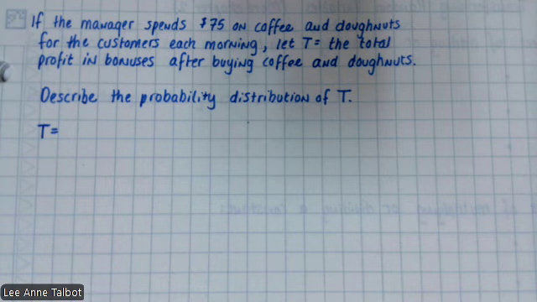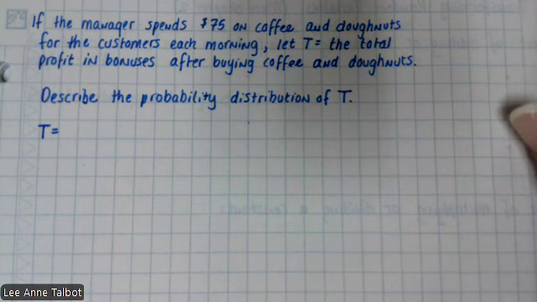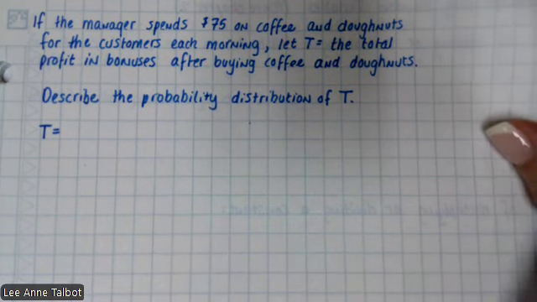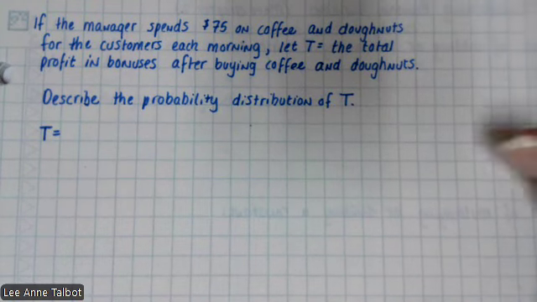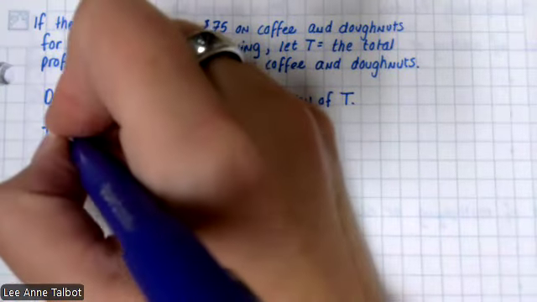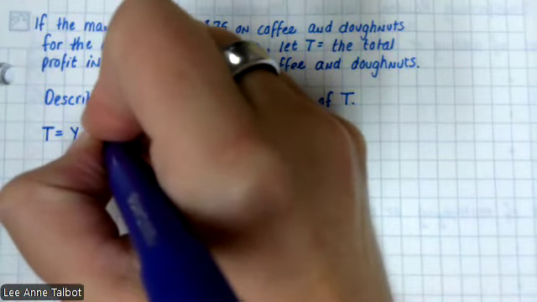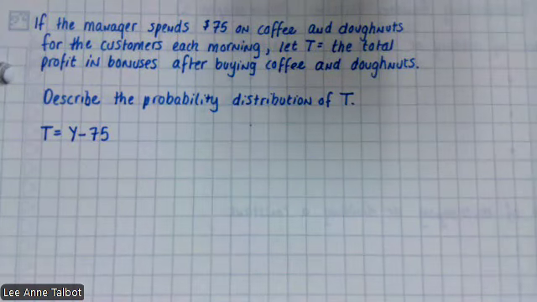Okay, let me ask you this. Is the $75 going to go on the profits or off of the profits? Off of them. Okay, this is what I was looking for. So profit, bonuses minus 75.